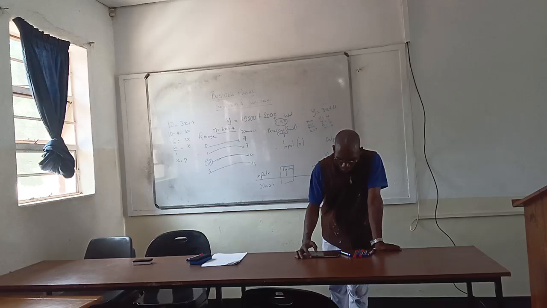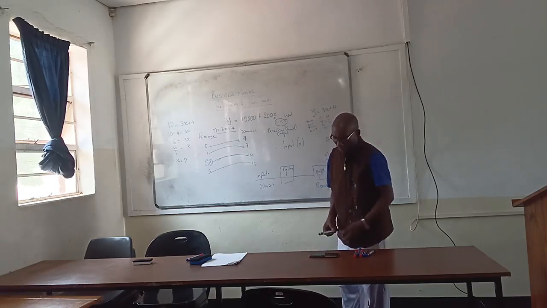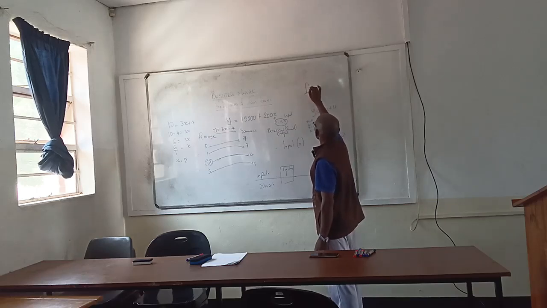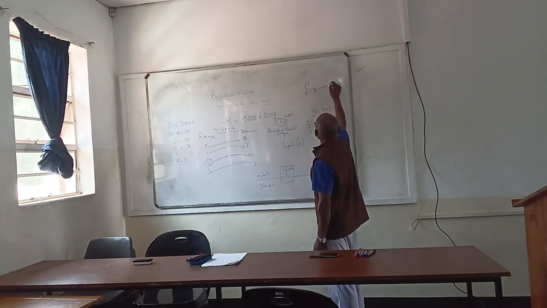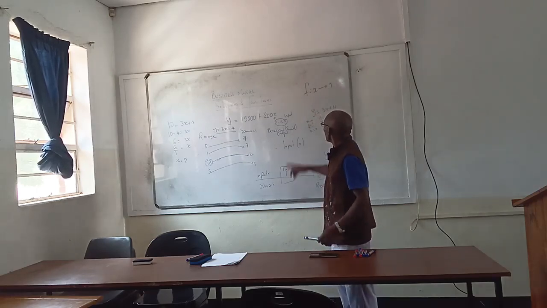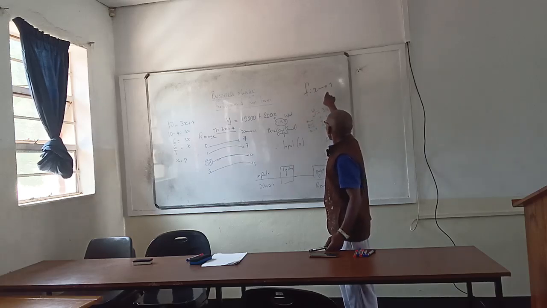Then f is called a function from the set x to the set y if x maps to y. It is again the same function of x mapping to y.